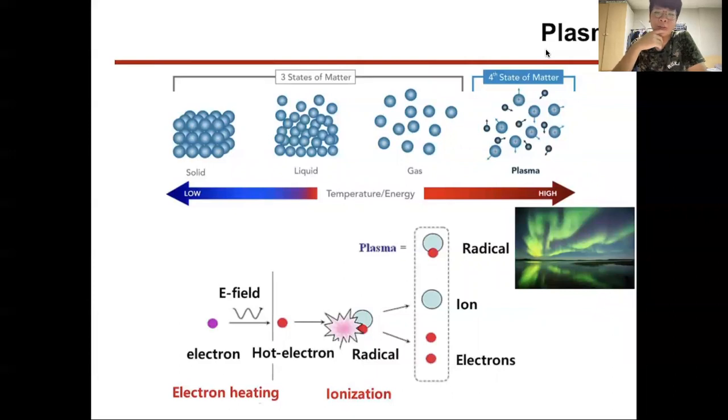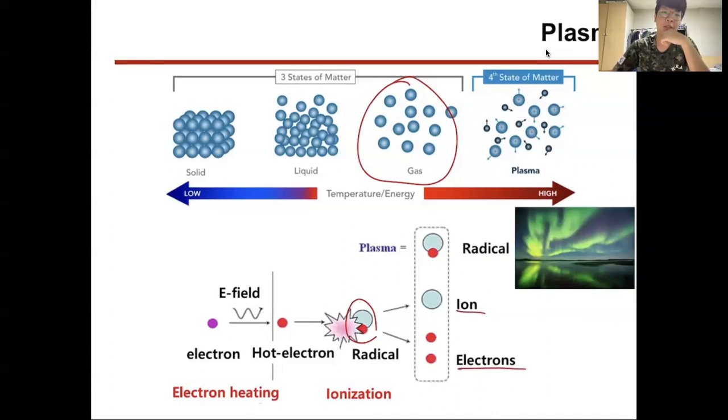And there is plasma. The definition of plasma is that it is another state of matter. After gas, if we give more and more energy until the ionization energy, then the molecules or atoms can be separated into ions and electrons, and the middle state, the radical state, we call all of this plasma.